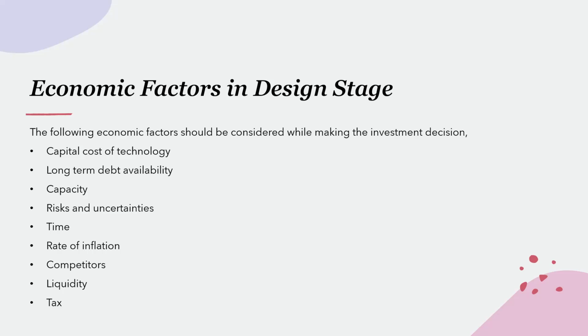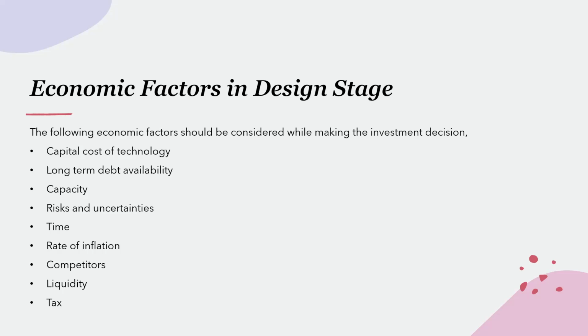We should consider in the design stage whether the capital cost of the technology is affordable. So in order to do this particular construction work, a particular technology might be needed. Do we have the capital cost for that particular technology, or is it affordable? And the availability of long-term debt.